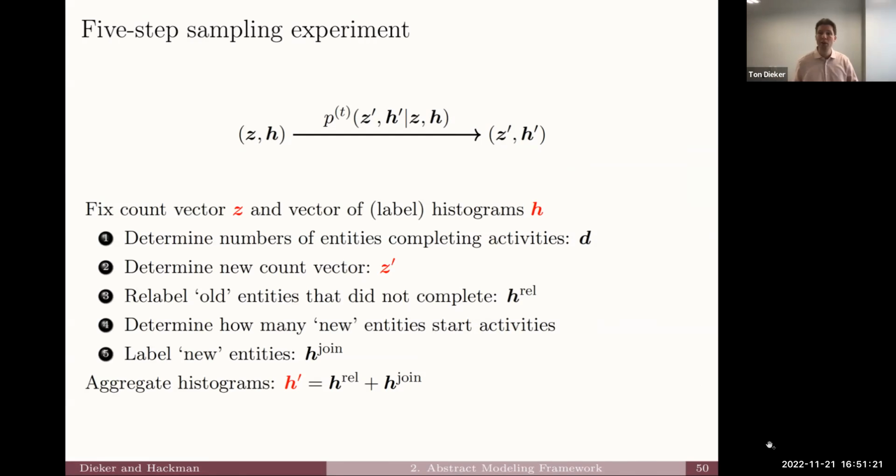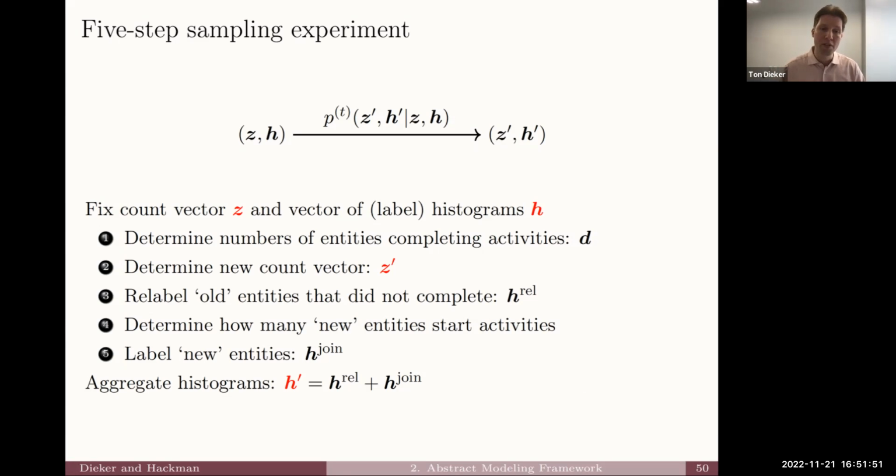Then in the second step, we choose a new count vector Z prime. The third step is to relabel the entities that did not complete, which we are going to call old, and that gives a new histogram of labels, which we call H_REL. In the fourth step, we determine how many entities start their activity during this period.